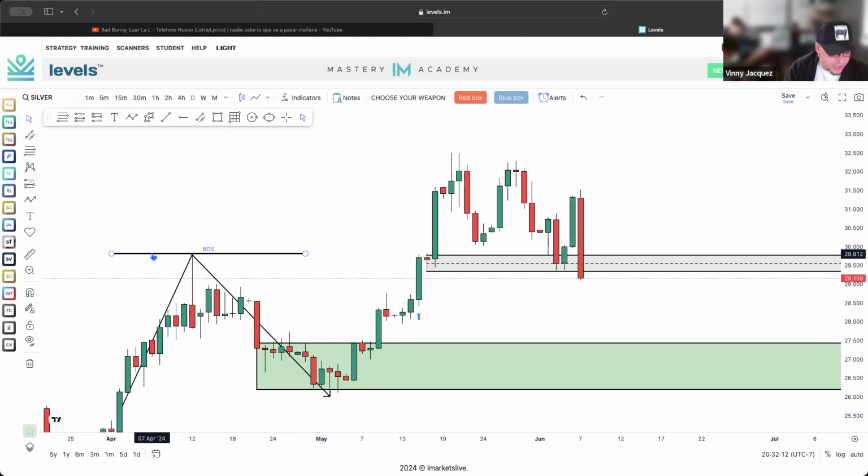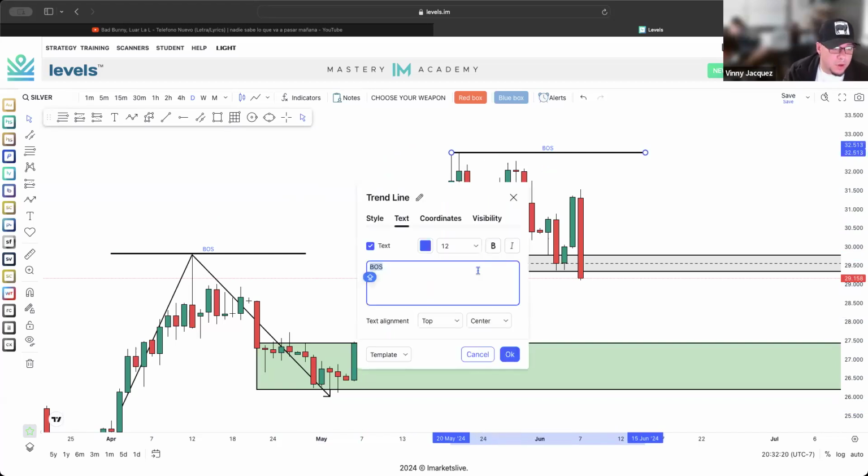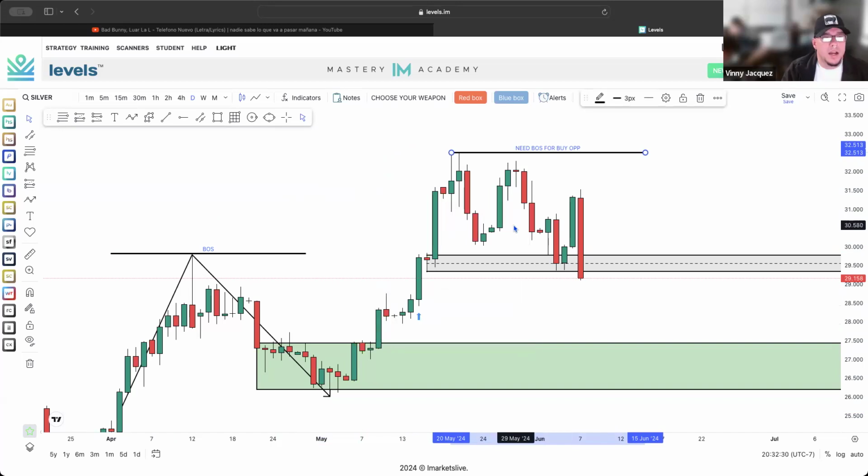So I know in order to continue buys on the weekly structure, higher time frame structure, we need BOS. We need BOS for buy opportunities, right? But this is on the higher time frame. Every time frame has their BOS and change of character.